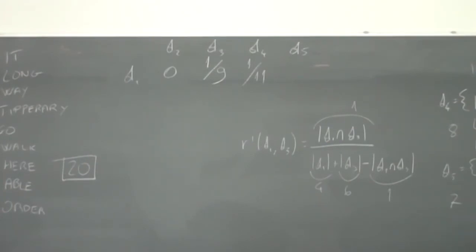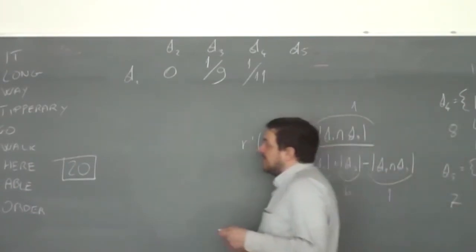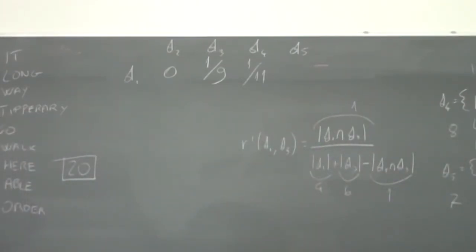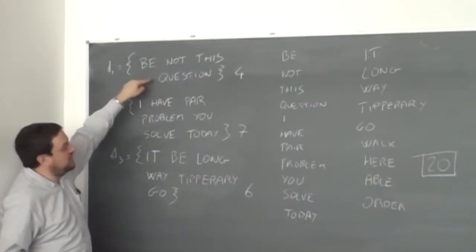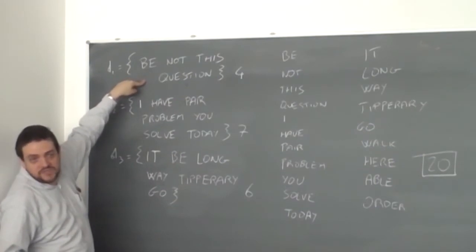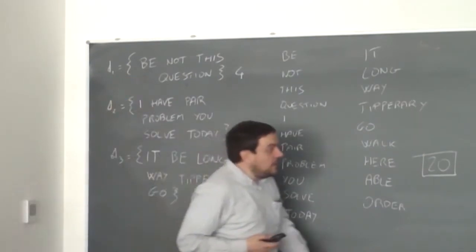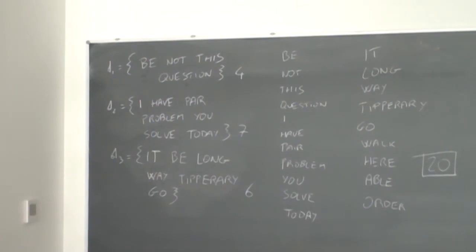Of course, here, for example, you might object that the word question here is a noun. It was "to be or not to be, this is the question." Here question is a noun, while here "to question" is a verb.